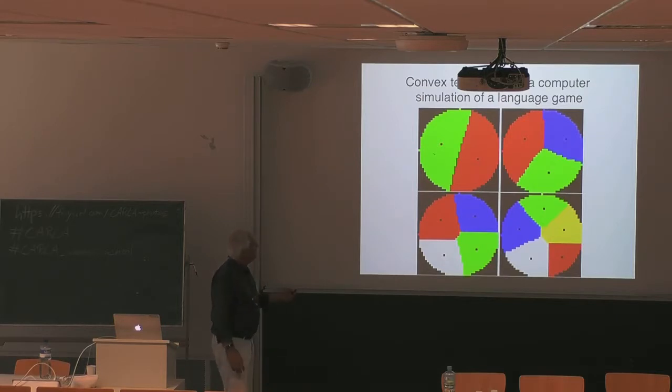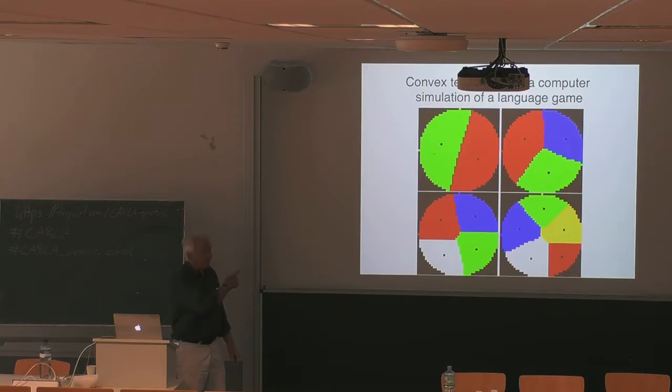Whenever the sender says B, then the receiver will point to this point. And these points have the property that they minimize the average distance within the regions. That's a mathematical property. They minimize the average because they're rewarded for being as close as possible. So if you point to the middle point here that minimizes the average distances, you get the maximal reward. That's the reason. They've done computer simulations showing that this is what you end up with.